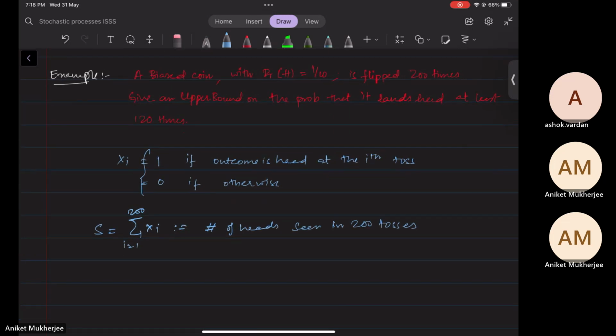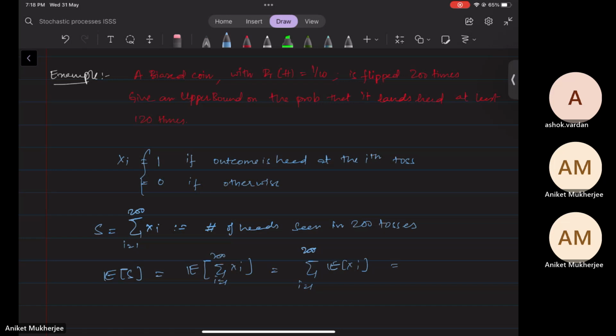Okay, so expectation of S is expectation of summation i equal to 1 to 200 of Xi, which is equal to summation i equal to 1 to 200 of expectation of Xi. Expectation of Xi is nothing but 1 by 10, because it's 1 into probability of head plus 0 into probability of tail: 1 into 1 by 10 plus 0 into 9 by 10, which gives you 1 by 10.